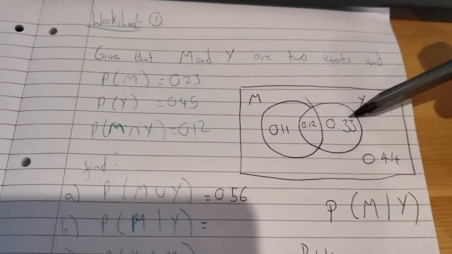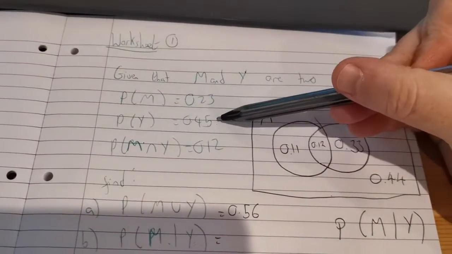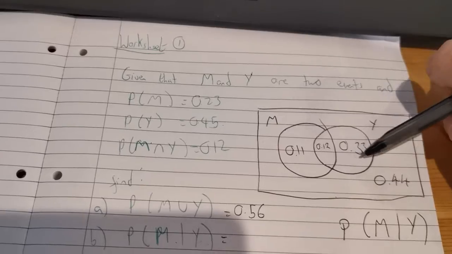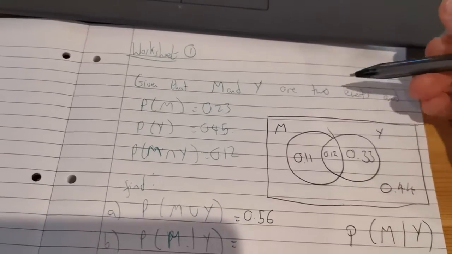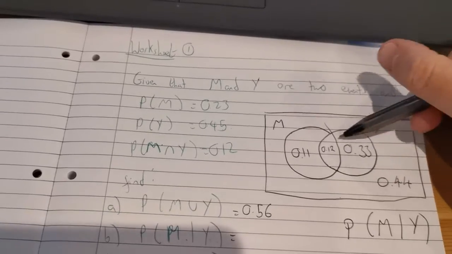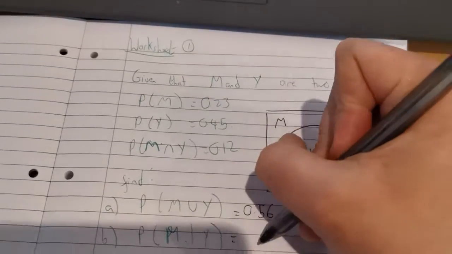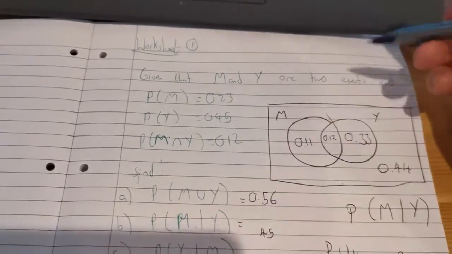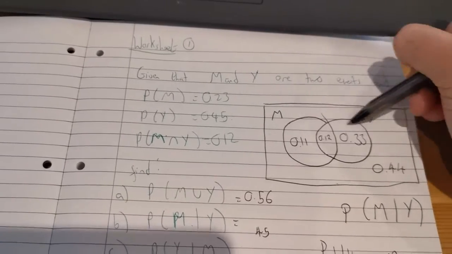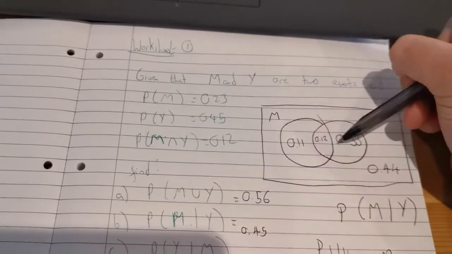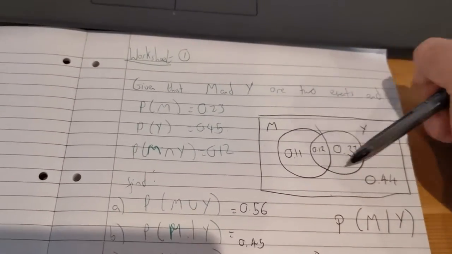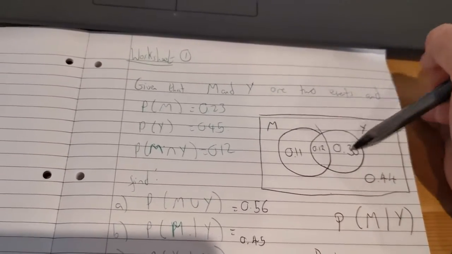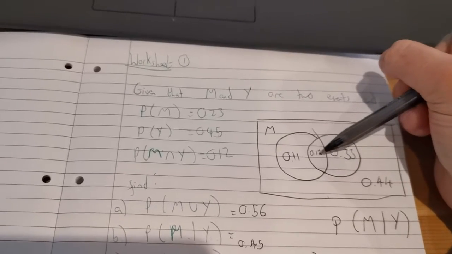The probability of Y was 0.45. That is our total probability, so I'm going to start off with 0.45 there. And then my M within that: if I have all of my Y's, what is the probability that I'll also have M?